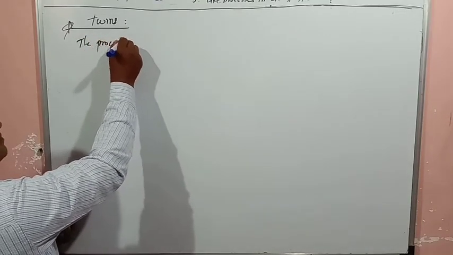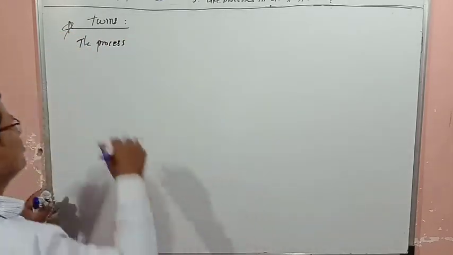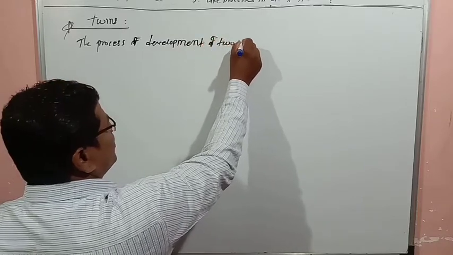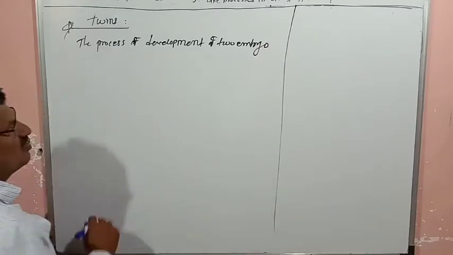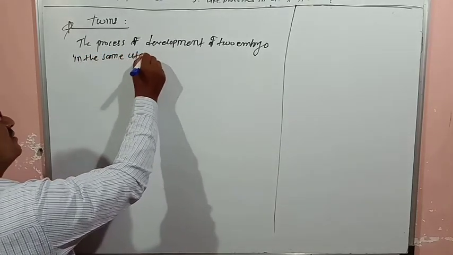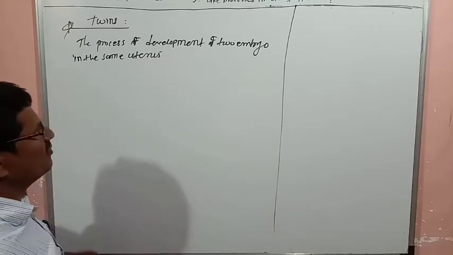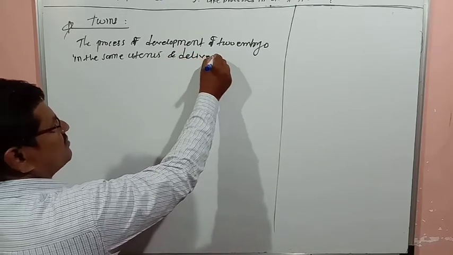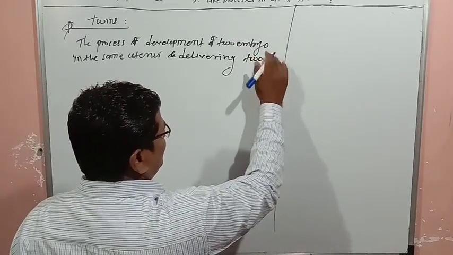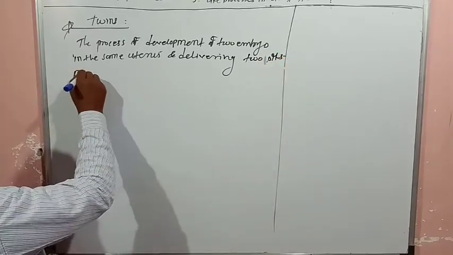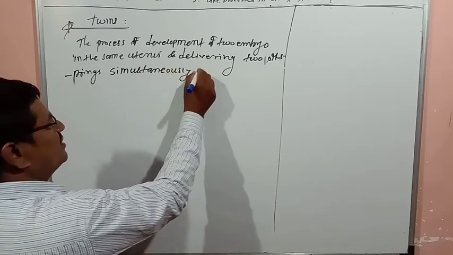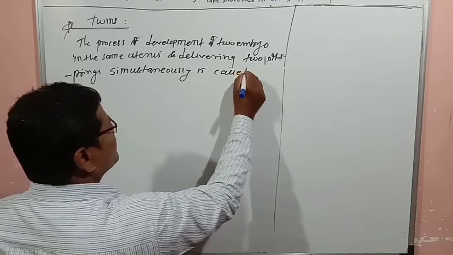The process of development of two embryos in the same uterus and delivering two offsprings simultaneously is called twins.